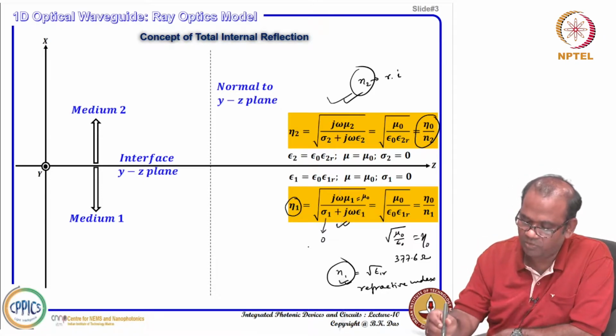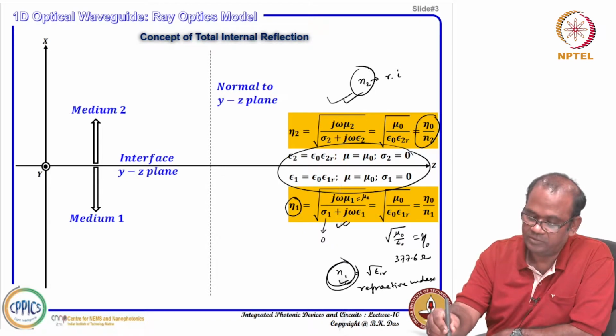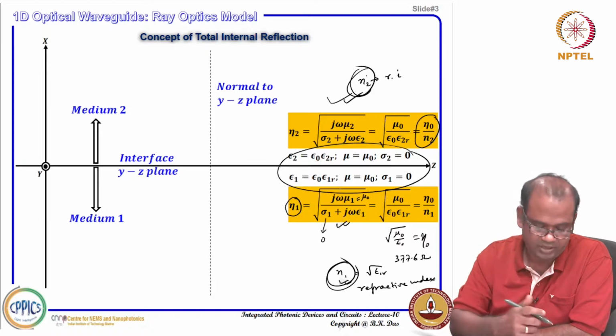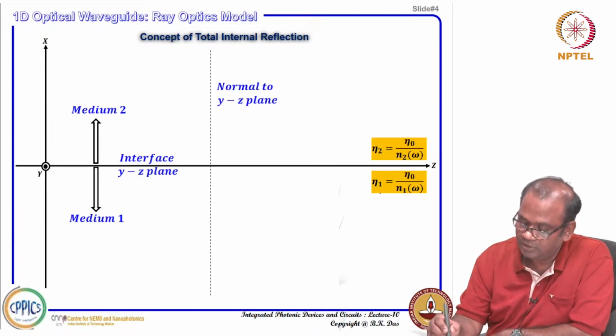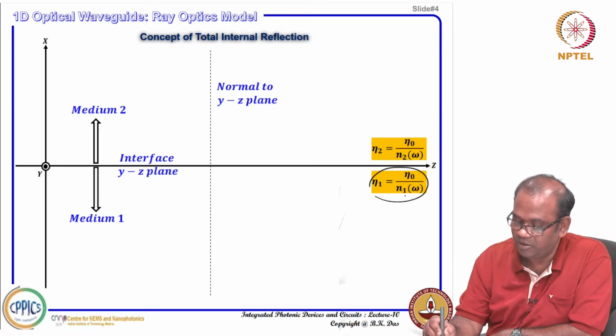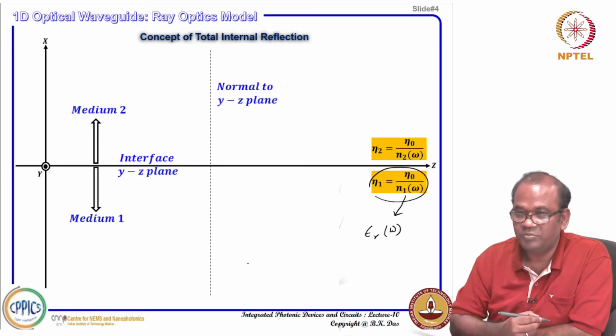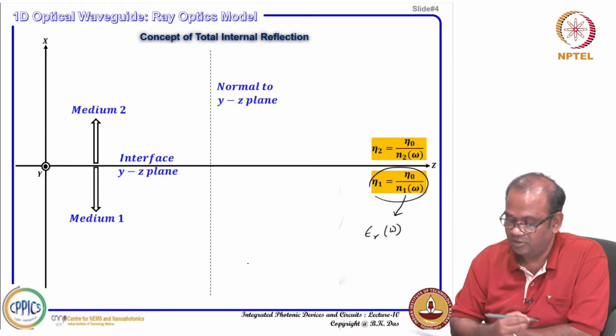So, instead of all these parameters, we have to remember only n1 and n2 if it is a dielectric medium. Obviously, that will be frequency dependent because refractive index is frequency dependent, as we have shown earlier that epsilon r can be frequency dependent.